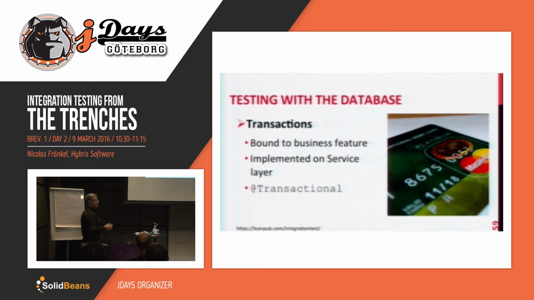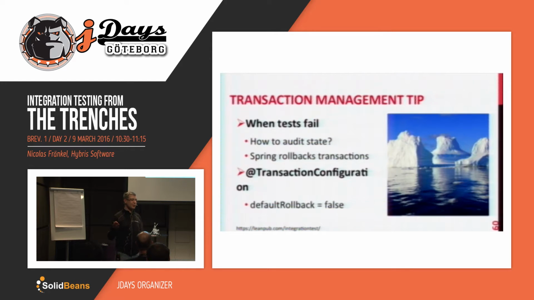The problem is Spring, by default, will roll back transactions. That's the default behavior. And when the test fails, and you have the database in the same state as at the start of the test, how can you know what happened? So what you want to do is not roll back transactions at all.